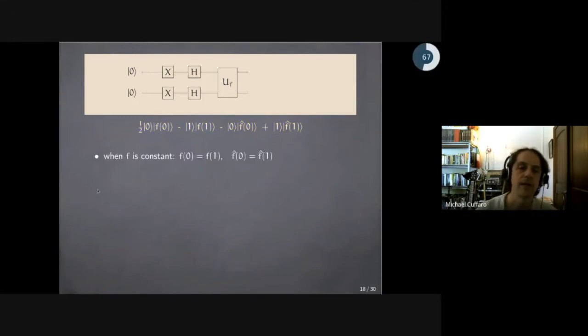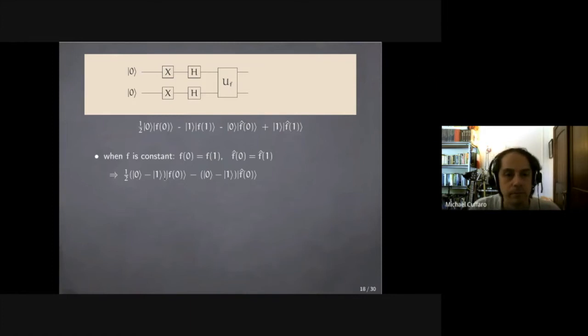Now imagine that f is a constant function. What that means is that f of 0 is equal to f of 1, and f hat of 0 is equal to f hat of 1. So in that case, that would allow us to re-express the state of the computer in this way.